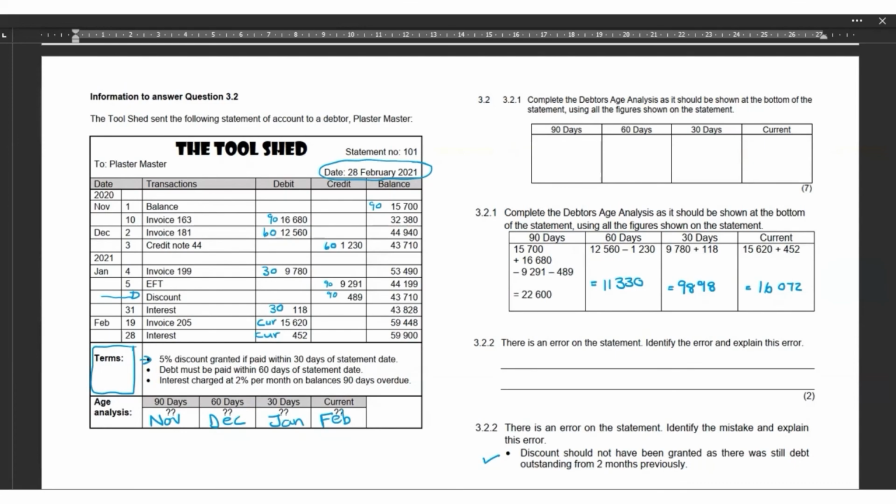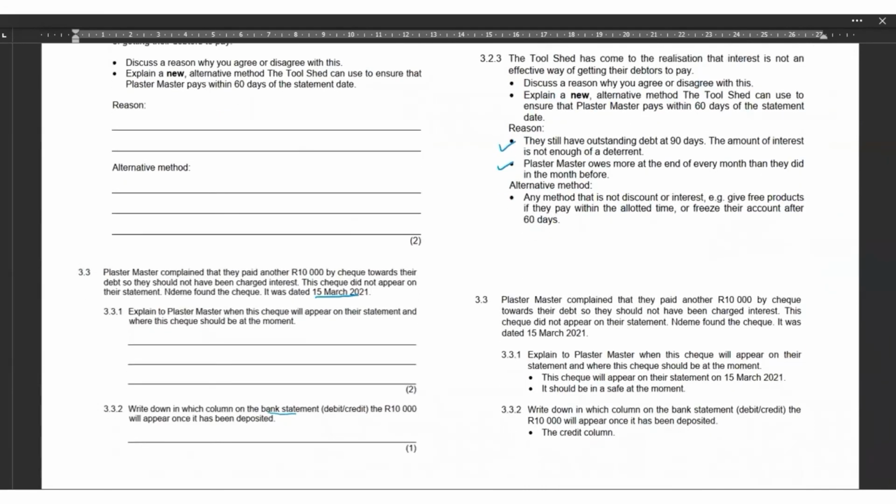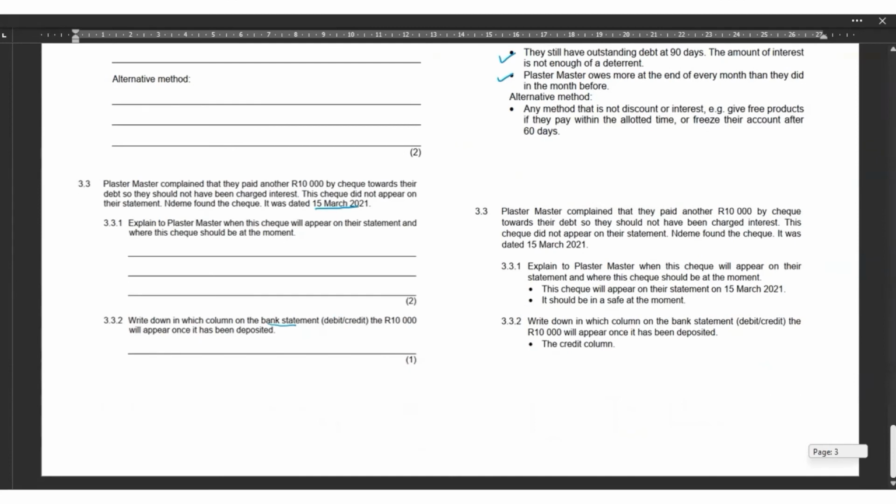And then which column of our bank statement is it going to appear in, debit or credit? Remember, a bank statement is opposite to what we're going to see in our books. Our bank account is an asset account, in which case we debit to increase and credit to decrease.